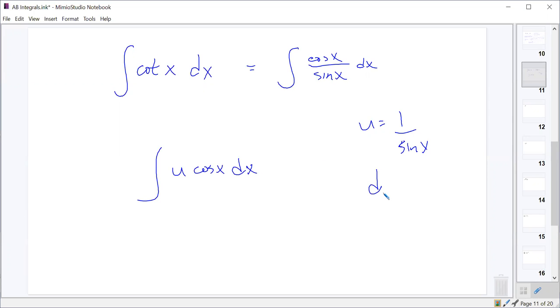And what would du be? It would be the derivative of 1 over sine, or the derivative of cosecant, which would be negative cosecant x cotangent x, which is going to be an issue, I think. Yeah. So good idea, but not quite going to work out. Other thoughts on that?